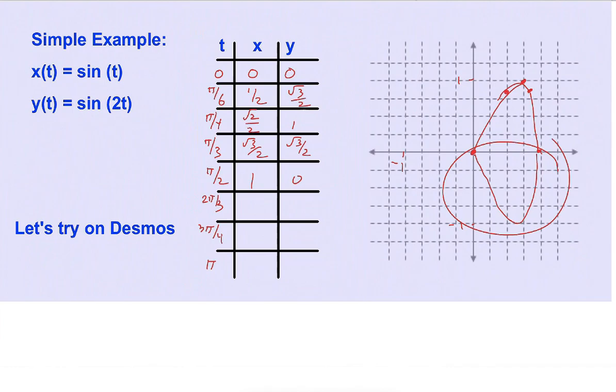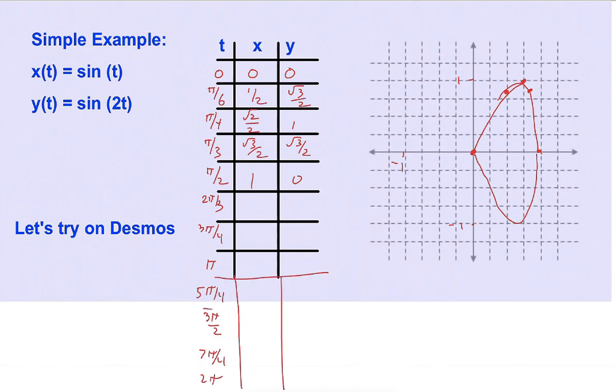That will finish off the rest of this. And then if you want to, you can keep going past there. 5 pi over 4, 3 pi over 2, 7 pi over 4, and 2 pi. If you want to pause the video and fill out the rest of these x, y values, you'll see the graph continue the way I sketched it a second ago.